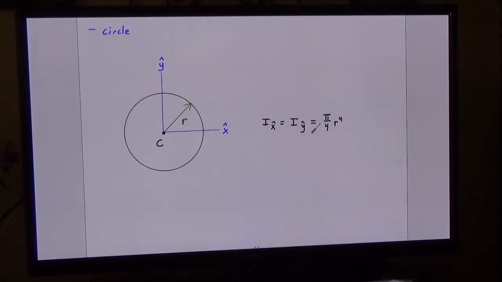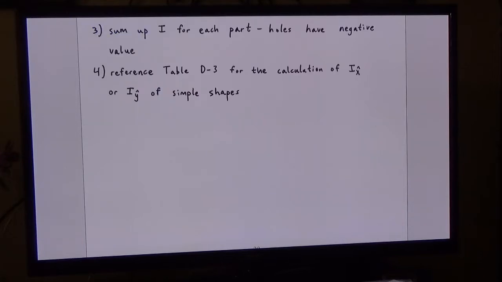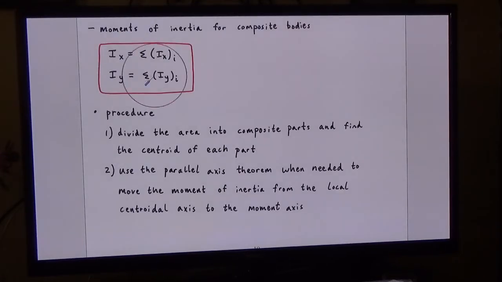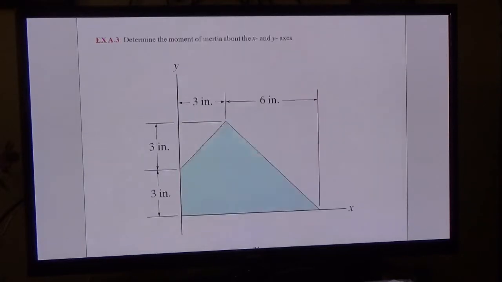We're going to use a combination of these reference figures, our equation for moment of inertia for composite bodies, and our equation for the parallel axis theorem. All right, this is the first one that we're going to look at. It wants us to, as before, determine moment of inertia about the x and y axes.